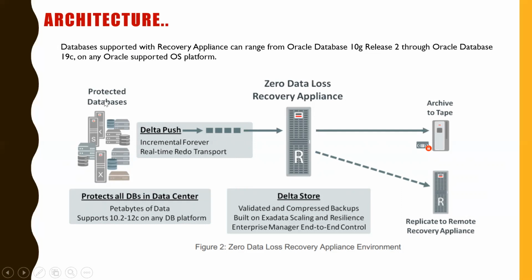When I say protected databases, you can consider them production or non-production systems. From here, you will have real-time redo configured. With this real-time redo configuration, it will be pushing all the data from the protected database, on the left side, moving all the blocks towards the recovery appliance.